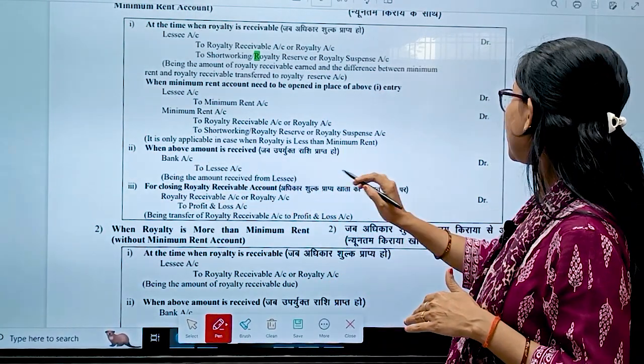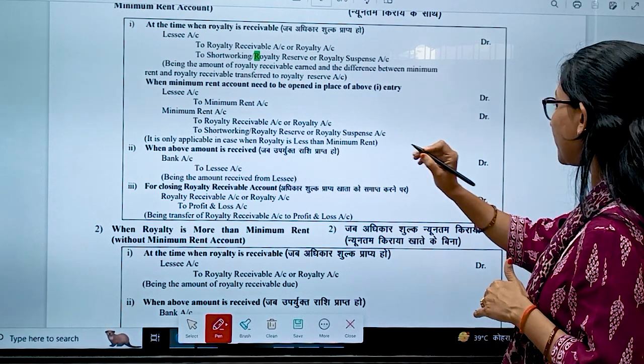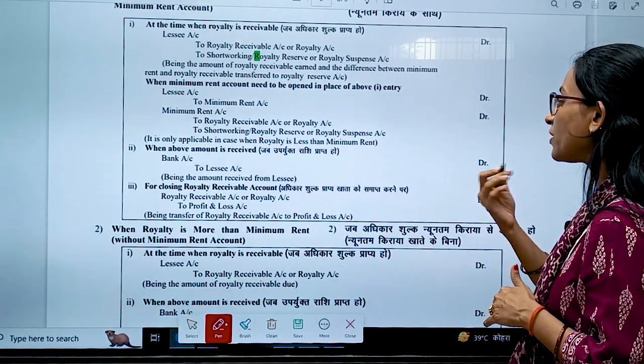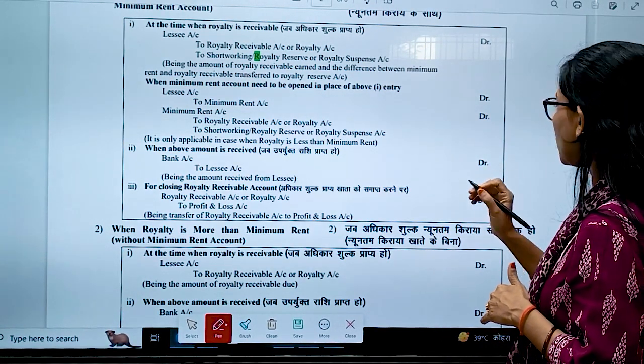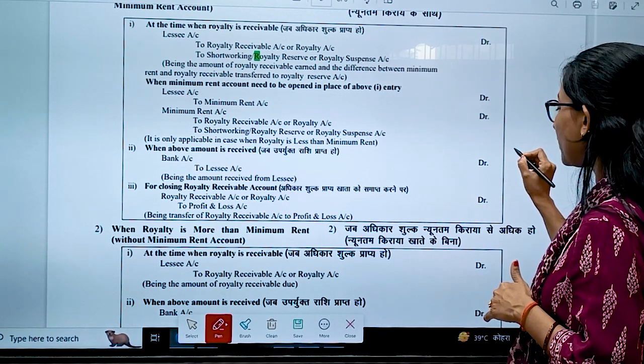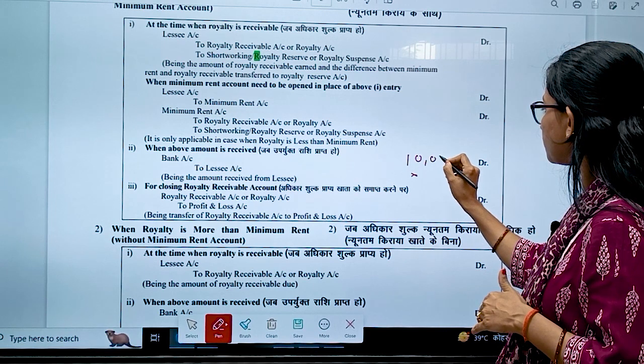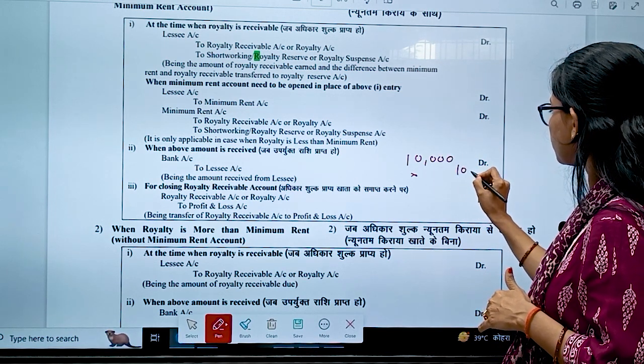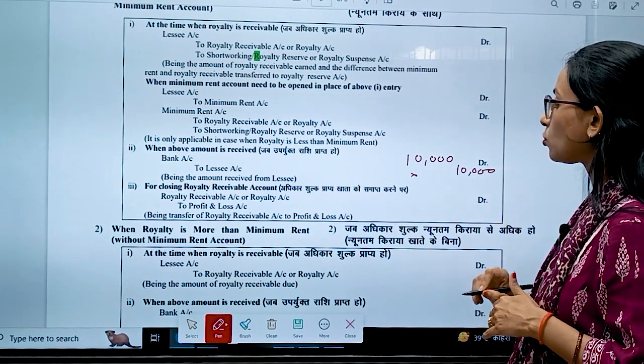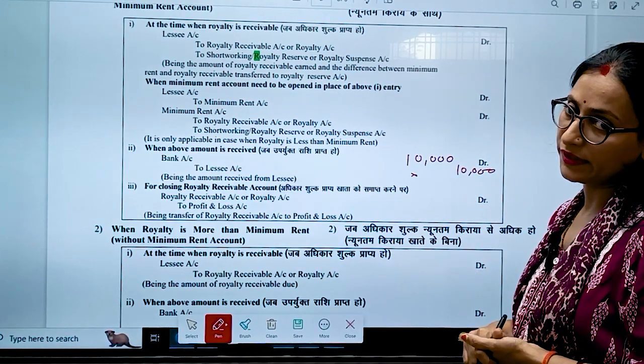So here the entry will be bank to lessee. How much will he get? He'll get the total amount. Total amount means the minimum rent was 10,000. So he'll get total 10,000 minimum rent.